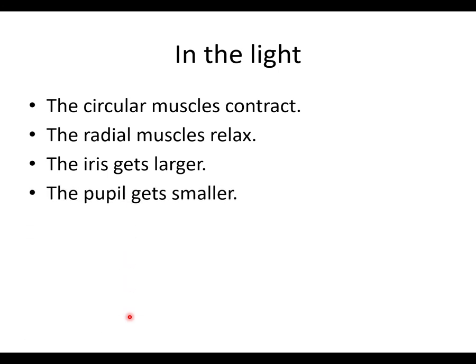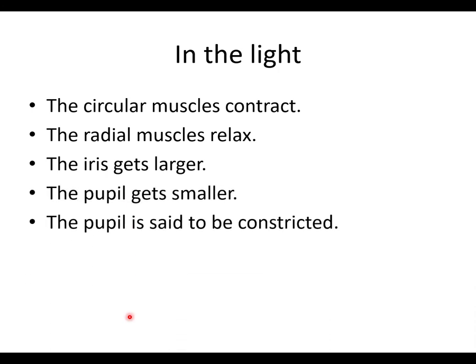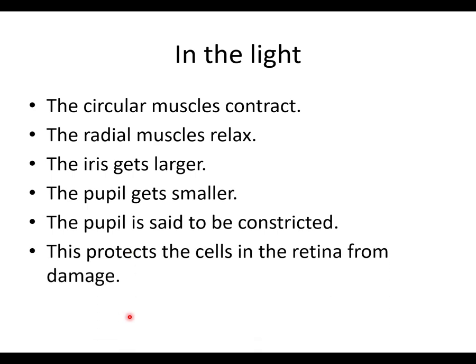The pupil gets smaller. The pupil is now said to be constricted. The main job of this is to protect the cells in the retina from being damaged, because too much bright light can cause blindness. If you've ever had a flash go off in your eye, or you've walked out and inadvertently looked into the sun, which you should never do, you could damage the eye.